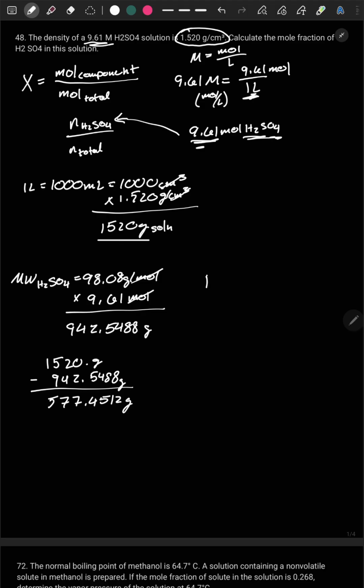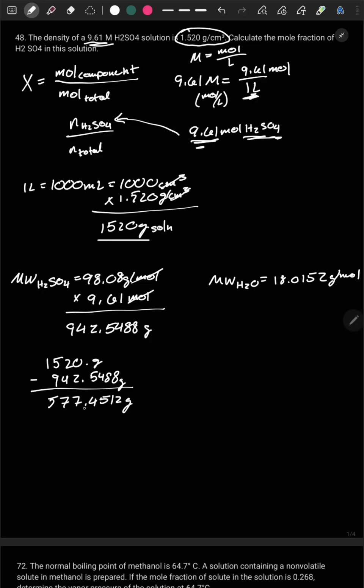So we know that the molecular weight of H2O is equal to 18.0152 grams per mole. This time we're not going to be multiplying anything. We want how many moles of water we have.